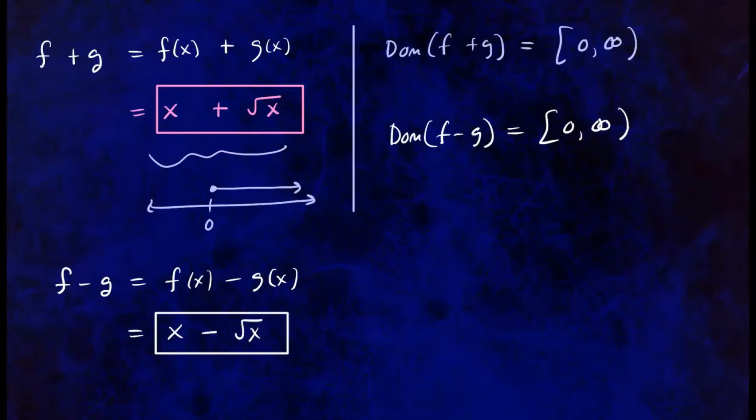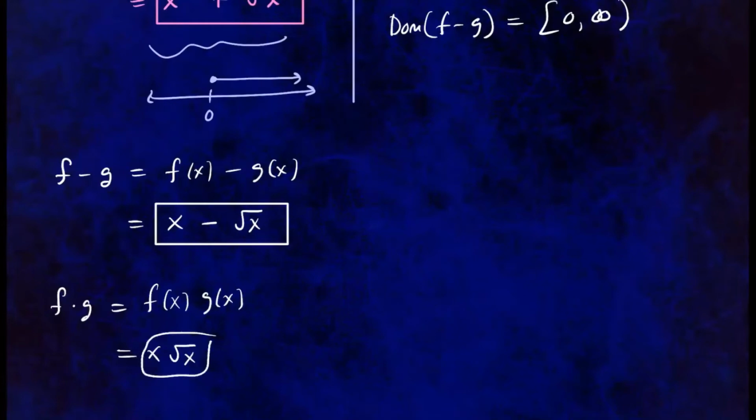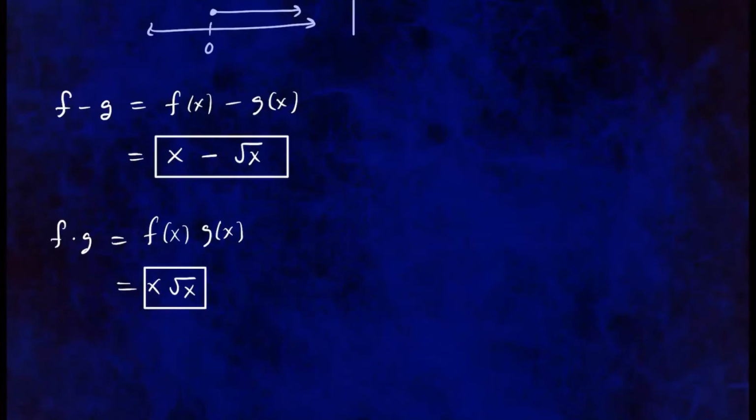Now for f times g, you can write it like that, or you can write just f of x times g of x. So where is f of x? Well, that's x, and g of x is square root of x. You can claim this is your answer, or if you want to write it in a different way, using laws of exponents, you can simplify.